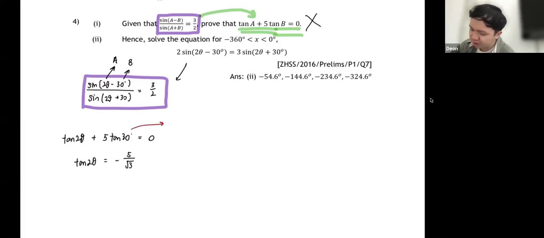Because tangent 30 equals 1 over root 3. Okay, this is a special angle. Can?